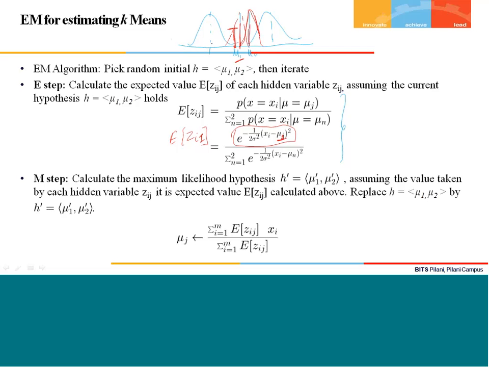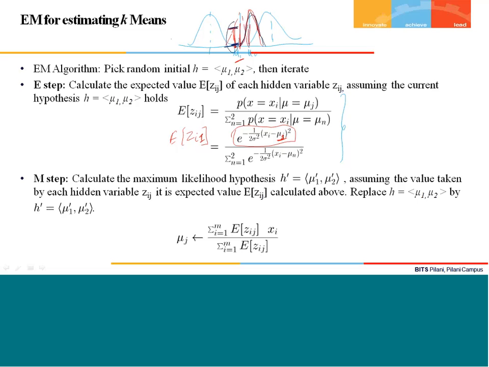So this probability will go like this. So this is x again. When I calculate the probability of this x related to this second mu, I get this value. So from the first mean I got this value, and from the second mean I got this value.